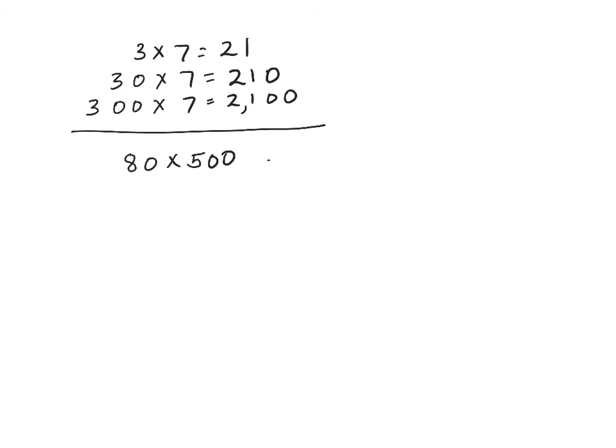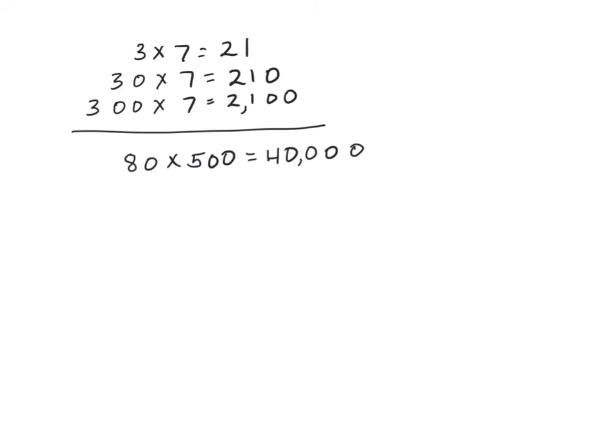Now this next problem, 80 times 500. If we think 8 times 5 is 40, so 80 times 5 would be 400. So 80 times 50 would be 4,000, and 80 times 500 would be 40,000.